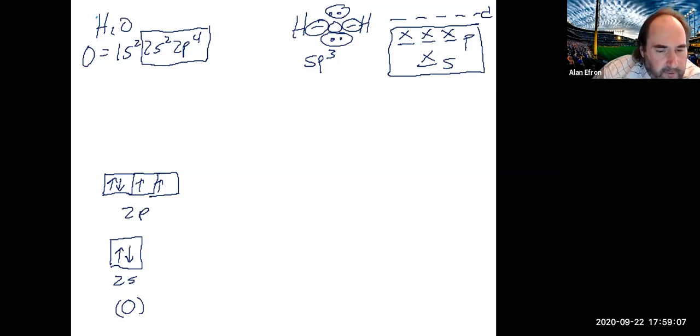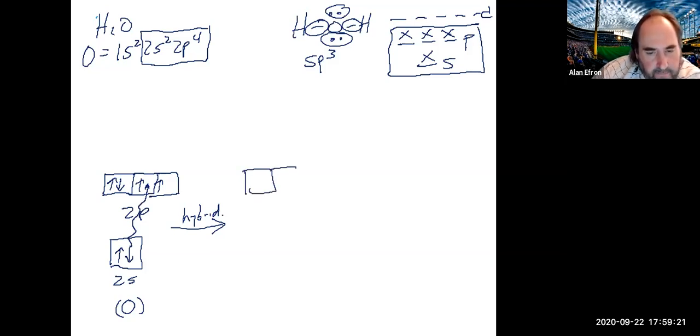Same thing's going to happen when it goes through hybridization. This electron is going to go up. And when it goes up, it's going to fill our normal box, which would be our middle box there. And that would give us these guys filled like so for our 2p. And our S on the bottom will now just have 1.